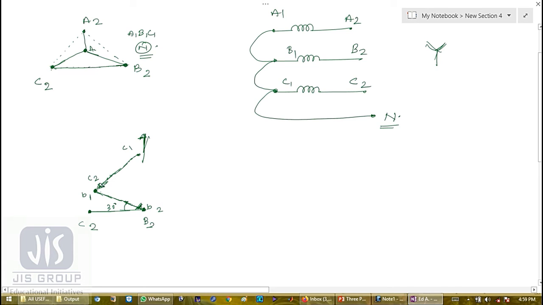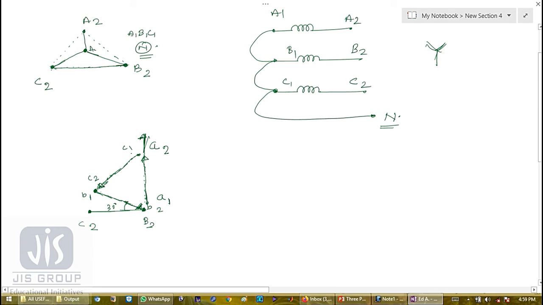Here the arrow will be this, and this is the closing arrow. So this is C1. So this must be A2. So this must be A1. So now I have completed that 30° phase shift.